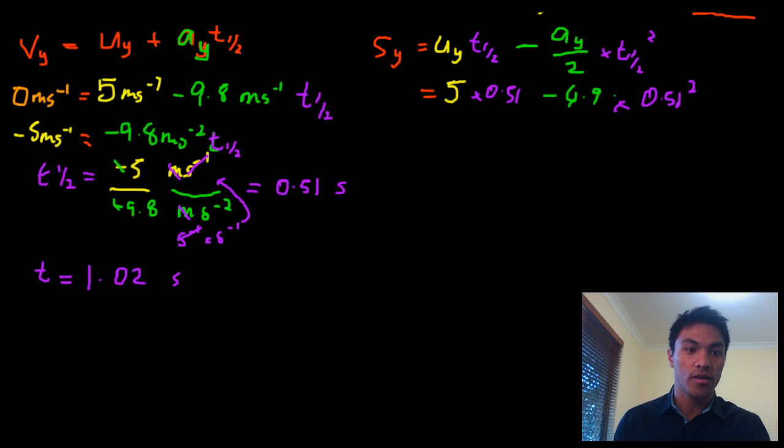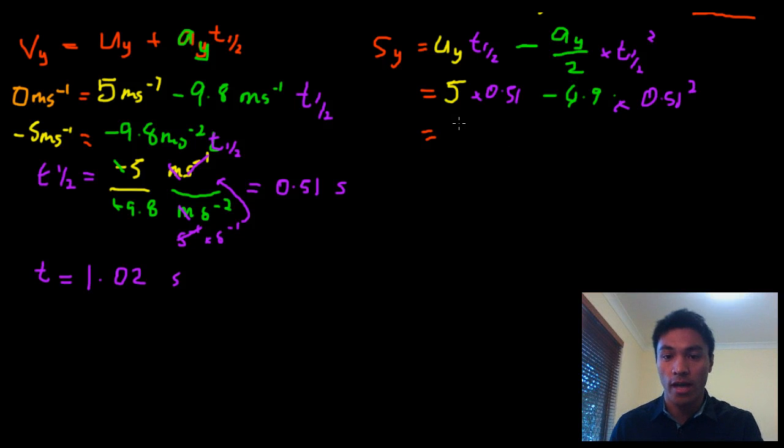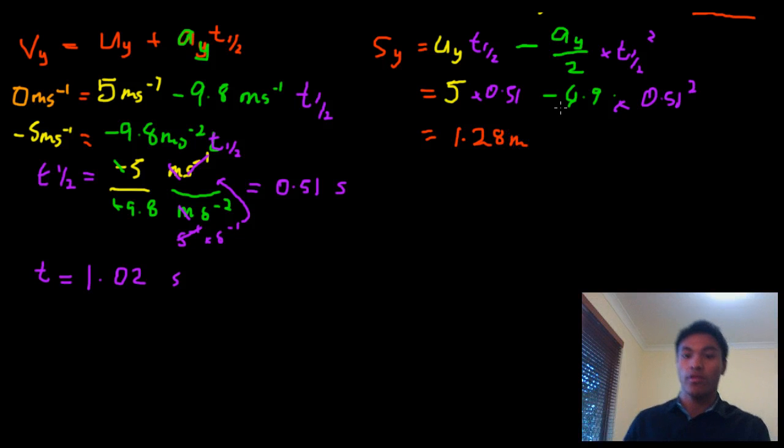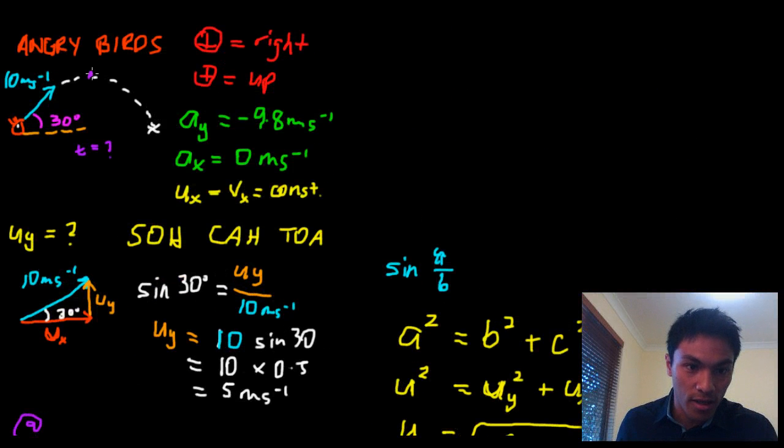And if you do those values, they should equal, I believe, about 1.27, right? No, 1.28. 1.28 meters. So in the vertical direction, if we go all the way back to the top, at this point here, it will be at 1.28 meters high.